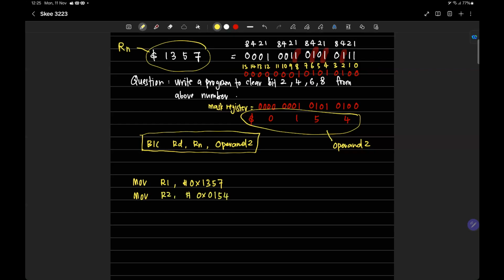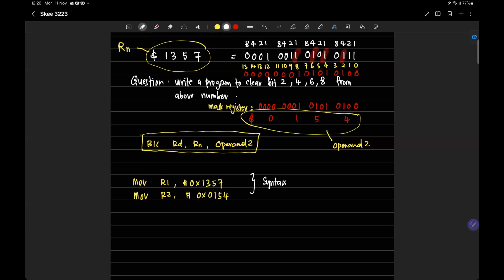Sometimes the compiler is not able to compile this syntax and will show you a syntax error. This is because the compiler cannot compile a 16-bit value using the MOV, which is not supported in what we call 32-bit ARM operation.